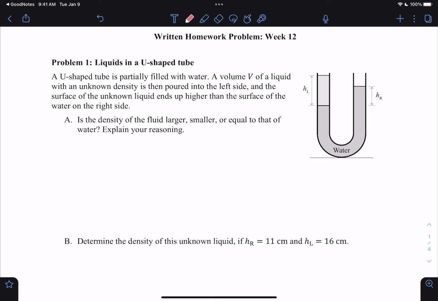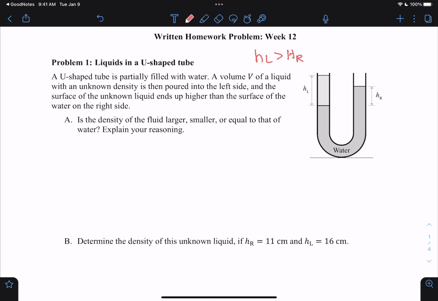So the volume of that liquid has an unknown density. It's poured onto the left side, and the height L is greater than height R. That's what I meant. So the height of the liquid is greater than the height of the water. I don't know why I referred to density there. I just totally misread that question.